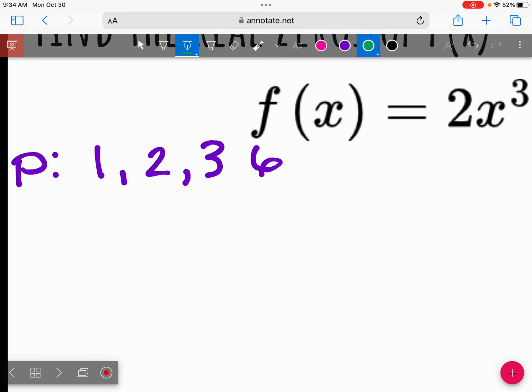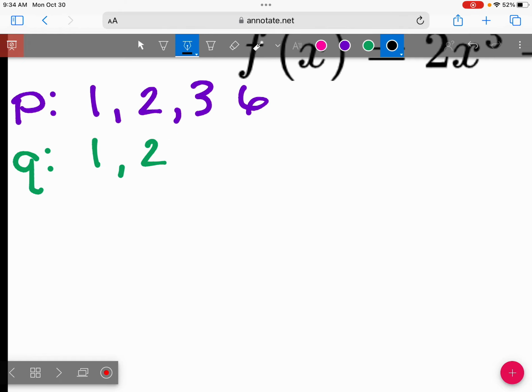It's always going to be plus or minus everything. How about what's our Q? 2. And so 1 and 2 are our possible factors. So our list of all, what are we going to have?